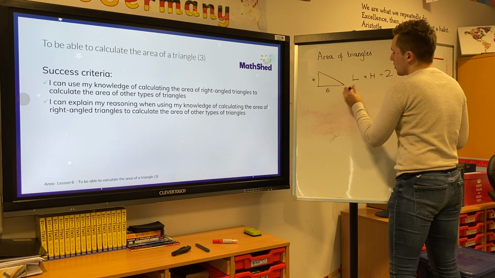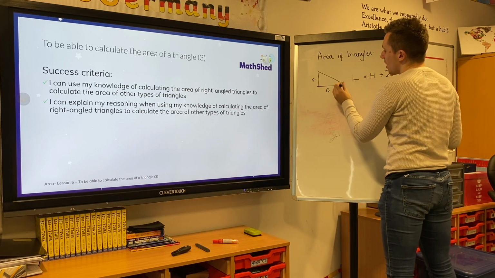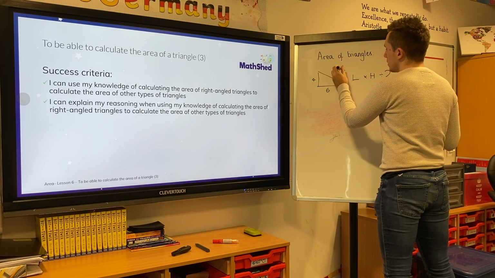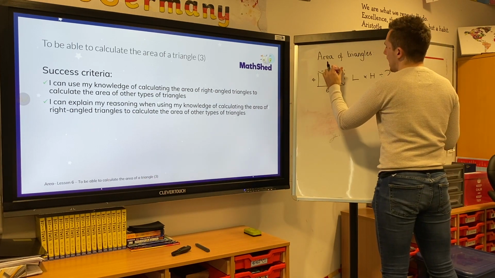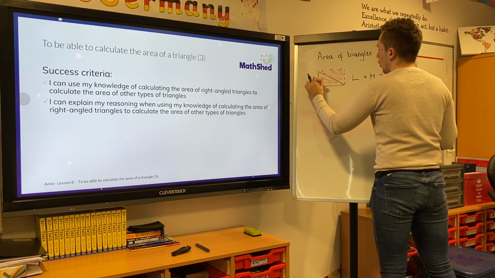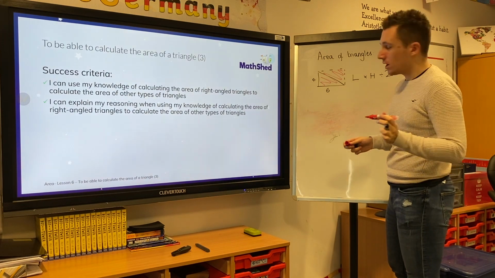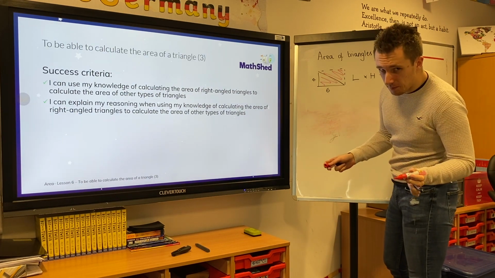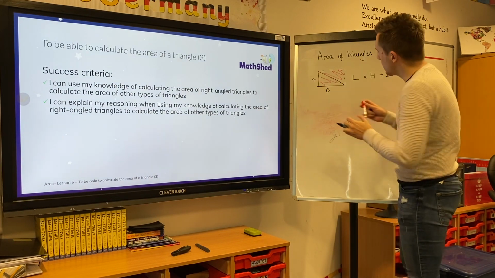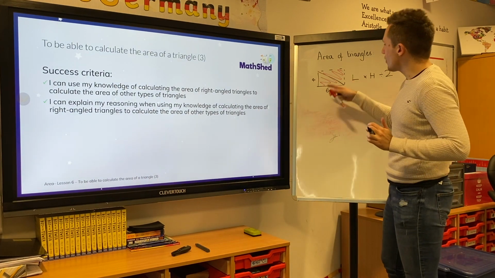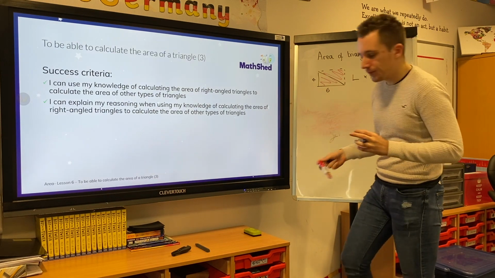The reason we divide it by 2 is because if we do length times height, we end up with the area of all of this. We don't want all of that because we're only dealing with the triangle. So we halve it because the right-angled triangle is half of the rectangle.